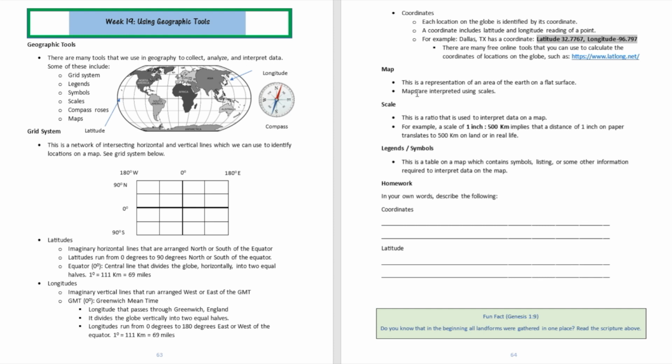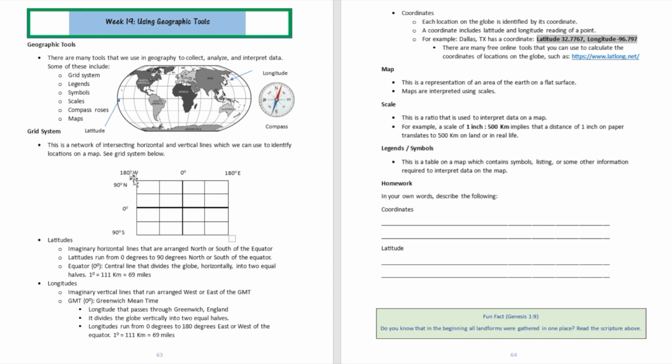All right, let's talk about another tool in geography. A map is a representation of an area on the earth on a flat surface. It can be a little section of the globe or the globe itself, like the map that we talked about before. Another thing worth noting is the scale. The scale is the ratio that is used to interpret data on a map.